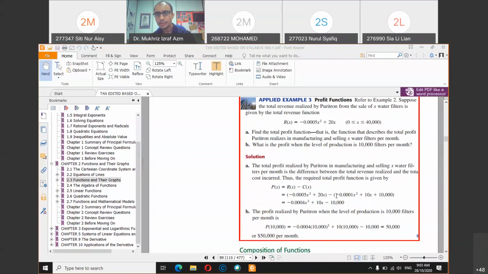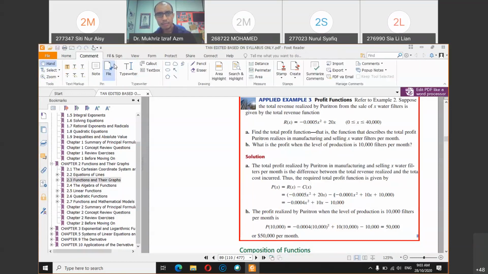Okay, so make sure when you want to deduct one function from another, you put a bracket here. The bracket will separate the terms and give you the product between negative and negative, which is positive, and so forth.